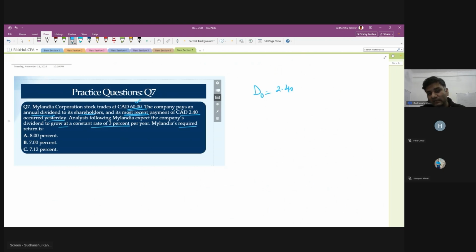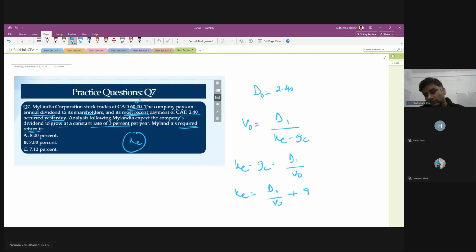Mylandia's required return. Required return, you should know, is Ke. So very easy. Remember V0 is equal to D1 divided by (Ke minus gc). So to find Ke, Ke minus gc is equal to D1 by V0, so Ke will be D1 by V0 plus gc. It is so easy. What is D1?